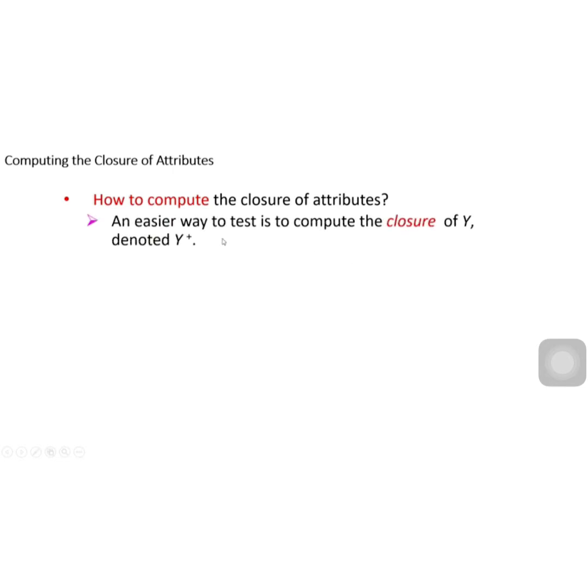An easier way to test is to compute the closure of Y. The basis is that the closure of Y contains Y, because Y must be in the closure of Y. We know Y functionally determines Y, and this is always true, because if there are any two tuples with the same value on Y, they must have the same value on Y. So Y must be in the closure. This Y is the basis.